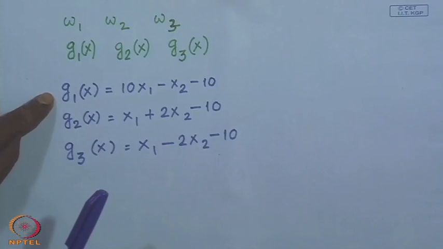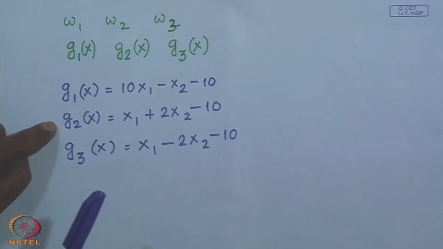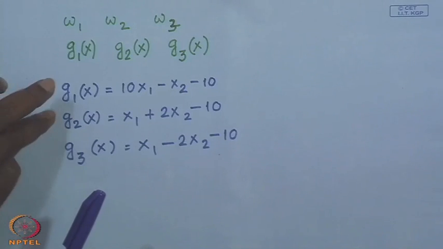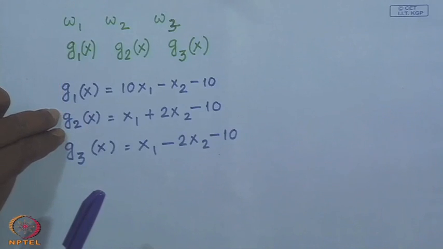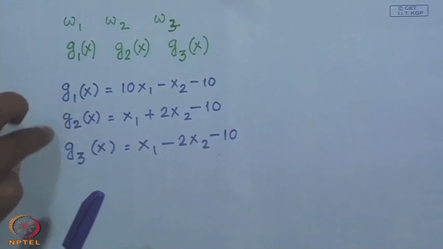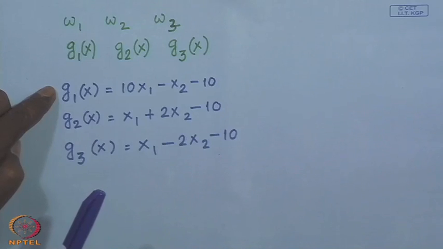In order to classify a sample to class omega 1, I have to find out the value of g1(x), the value of g2(x), and the value of g3(x). If I find that g1(x) is greater than g2(x), then obviously between these two classes x belongs to class omega 1.